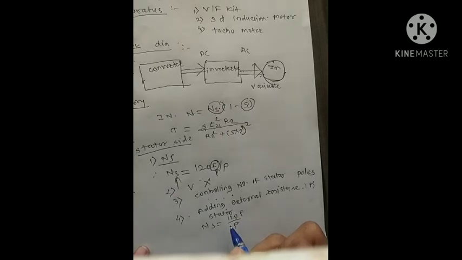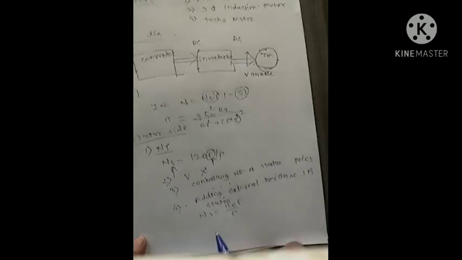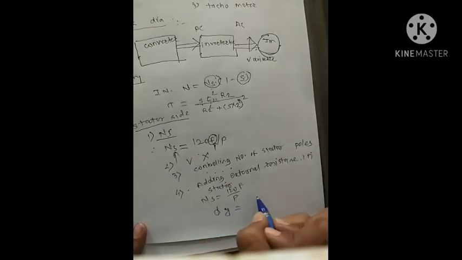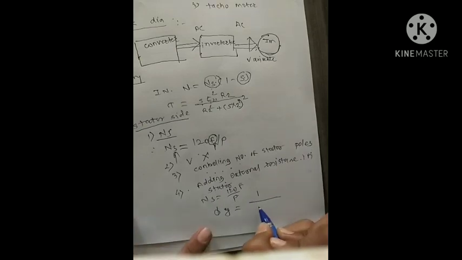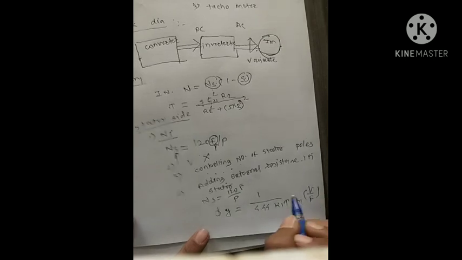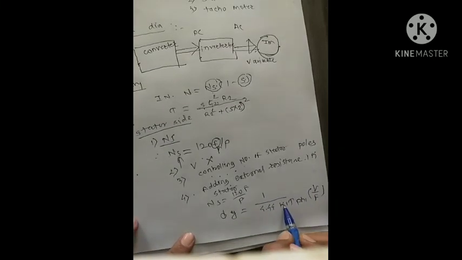The expression for the air gap flux is given by phi g equals 1 upon 4.44 K1 Tph V by F, where K1 is the stator winding constant, Tph is the stator turns per phase, V is the supply voltage, and F is the supply frequency.